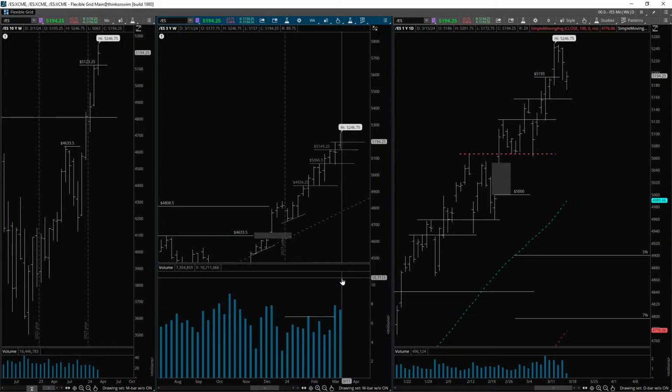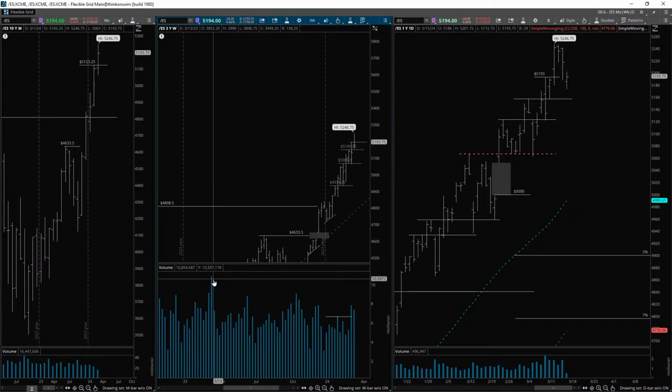But that volume, this increase of volume here, or this increase, is way more relevant than the volume we are going to have today, because this is what we expect to have today.